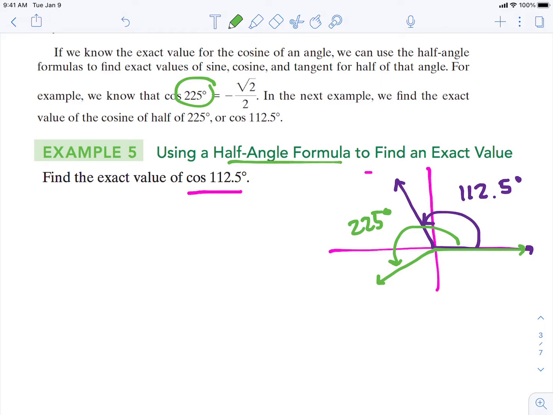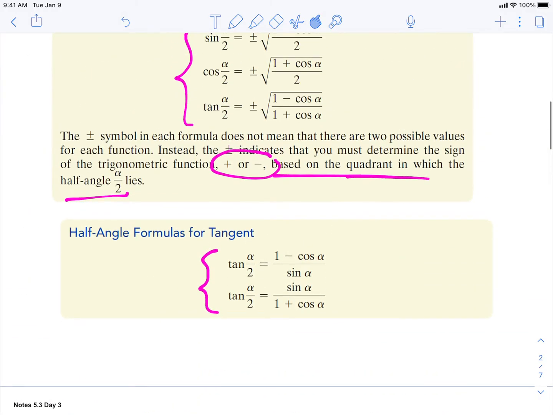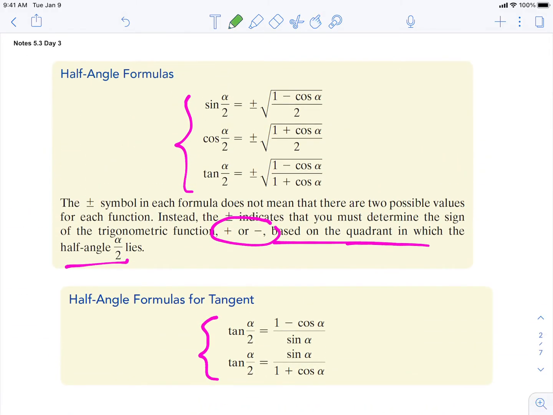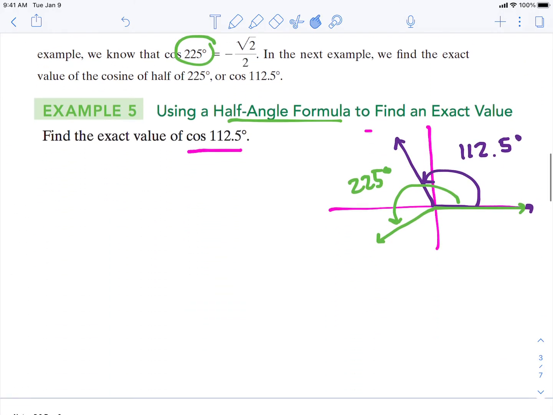So the formula we're going to use is the cosine half angle formula. So we're going to go up in our notes, and we're going to use this formula right here. So I'm going to write the formula down first.